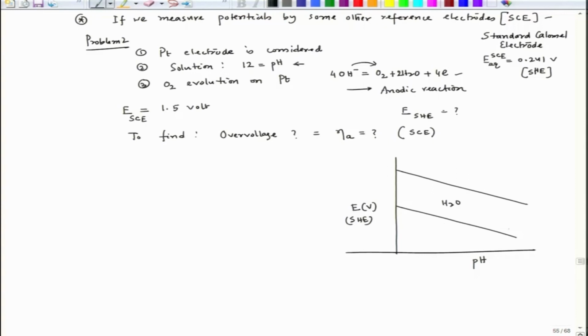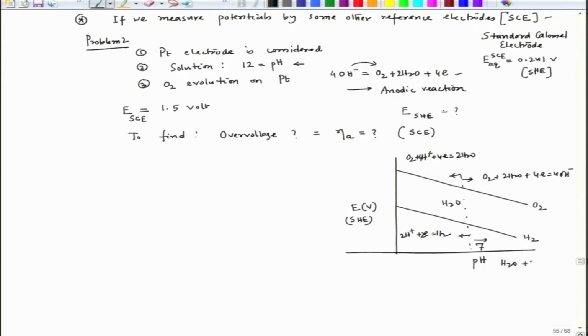This is the hydrogen line, this is the oxygen line. Below pH 7, the governing reaction is O2 plus 4H plus plus 4e equal to 2H2O, and on the right side it is O2 plus 2H2O plus 4e equal to 4OH minus, and this side is 2H plus 2e equal to H2.